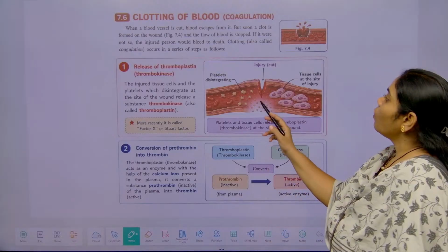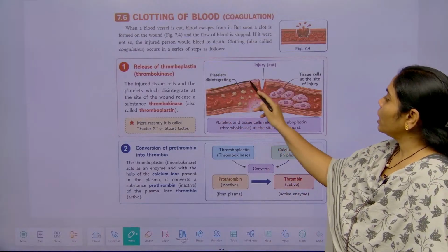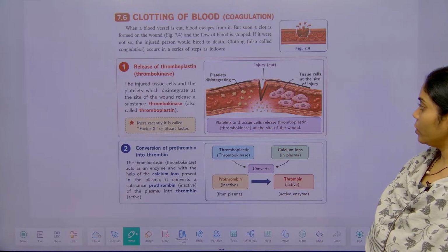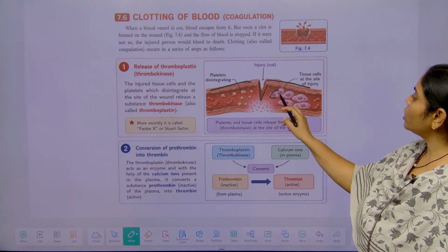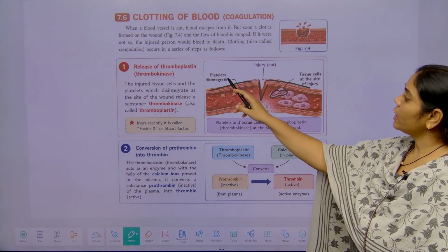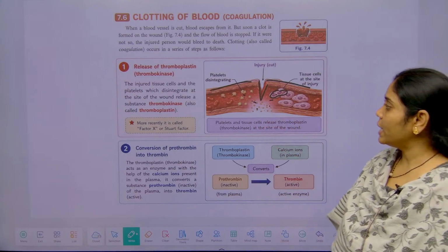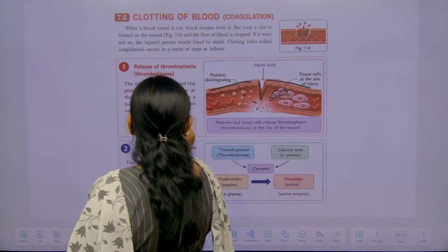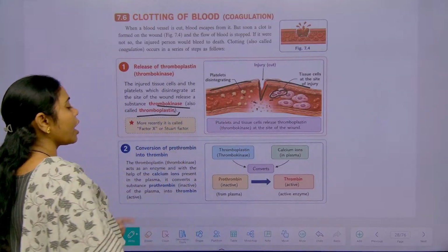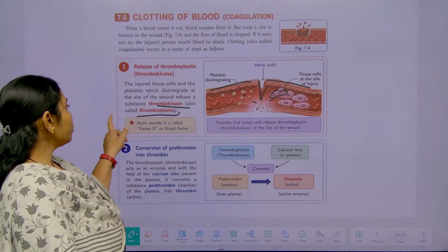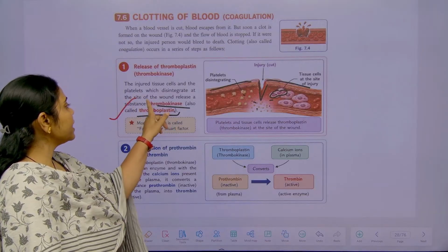See here, an injury cut occurred. From the injured tissues the platelets come immediately, and these platelets release thrombokinase or thromboplastin at the site of the wound.